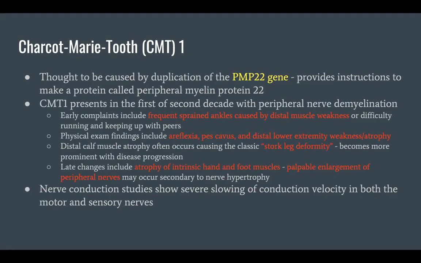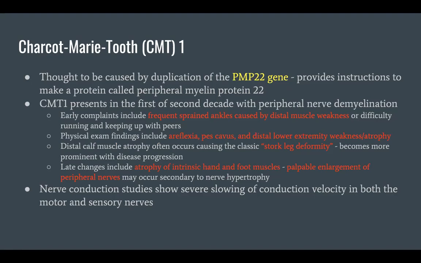So it might be caused by a duplication of the PMP22 gene. Since it's a gene, I would probably know it because they probably could throw that in there. They can show you a picture of the foot or the stork leg deformity, tell you about sprained ankles, tell you about this palpable enlargement, and then ask you what the gene is.